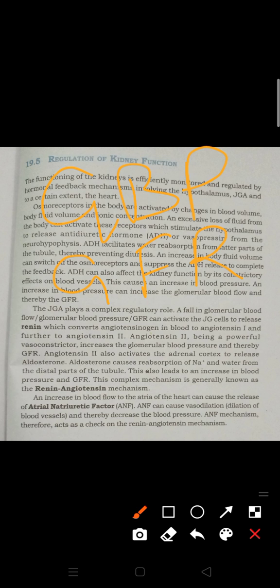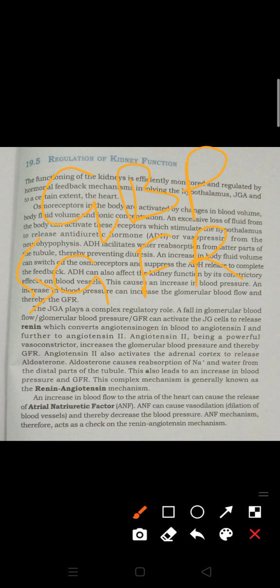Again I am repeating: juxtaglomerular cells release renin. This renin converts angiotensinogen to angiotensin first, then angiotensin second. This angiotensin second is a very powerful vasoconstrictor and increases the glomerular blood pressure, and this directly increases the glomerular filtration rate also.